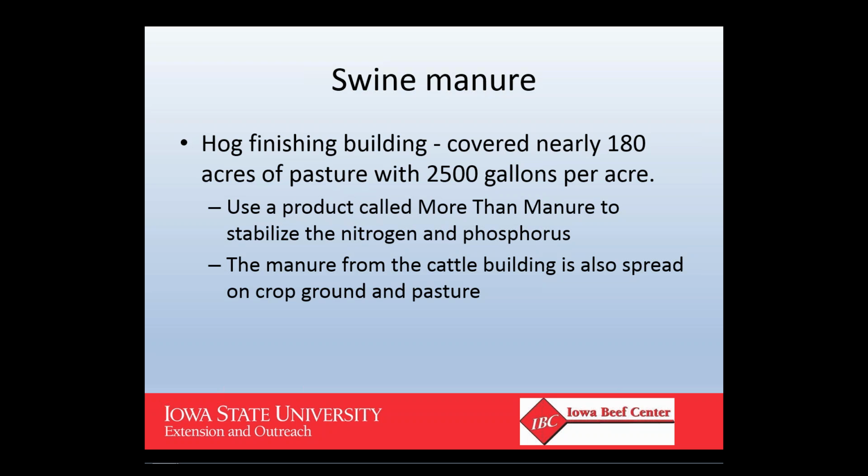This year it was the first week of April when we emptied it. It goes out on pasture with flow meter set at 2,500 gallons per acre. We have found that the stabilization product seems to have really helped in the response with the grass and how it grows.